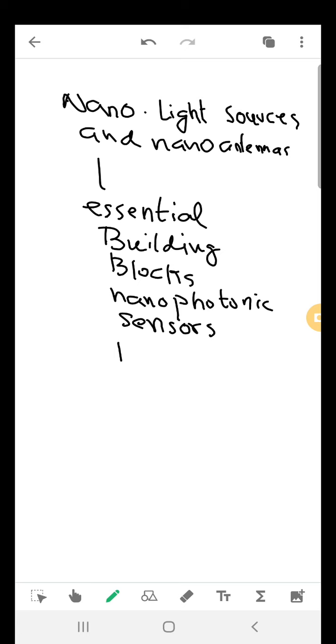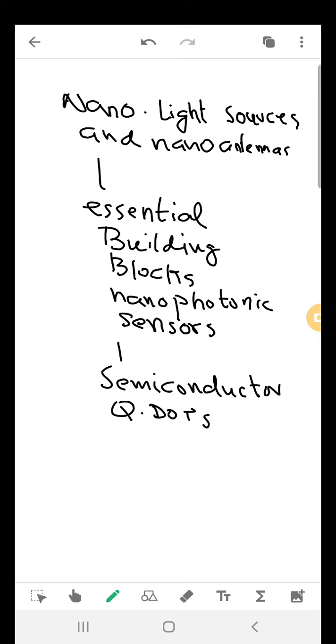They are mainly in the form of semiconductor quantum dots or plasmonic nanostructures, to couple optical wavelengths to a smaller nanoscale device.